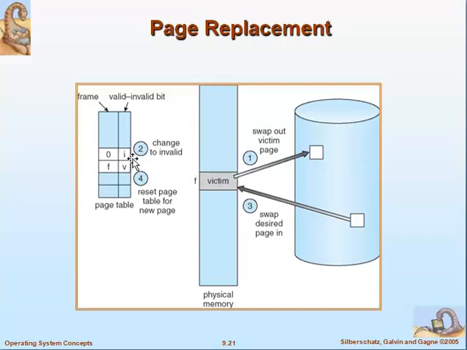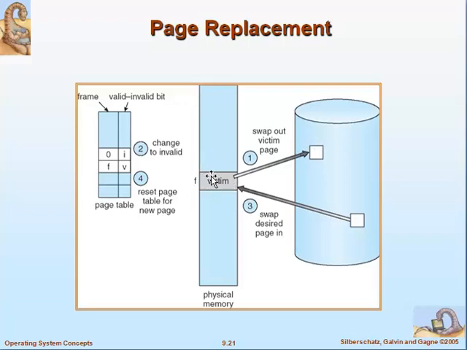Once we move it out, the first thing we have to do is change that valid-invalid bit to invalid. The reason is that if any other process tries to access this page, it should not be able to find it, because that page has been swapped out.